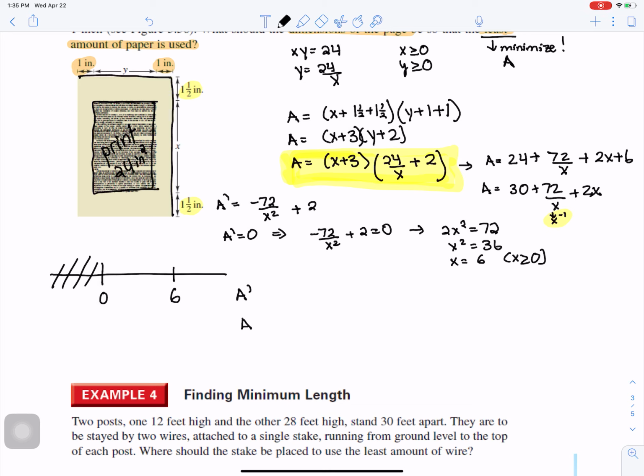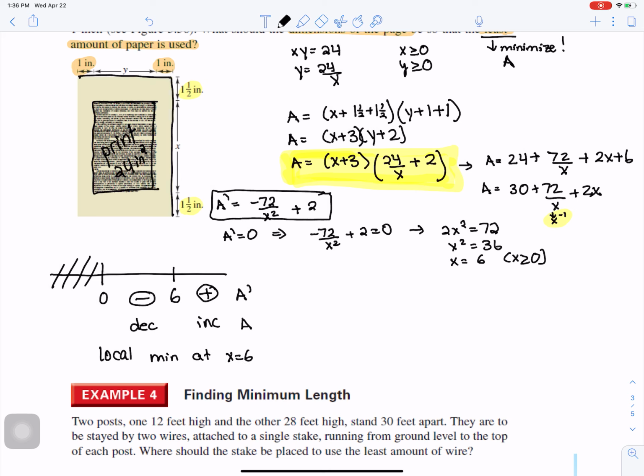So when I take a value between 0 and 6, like 1, and I sub it into my simplified derivative, minus 72 over 1 plus 2 is a negative answer. And then when I sub in something bigger than 6, I'm going to get a positive answer. So my function is decreasing, then increasing, indicating a local min at x equals 6.